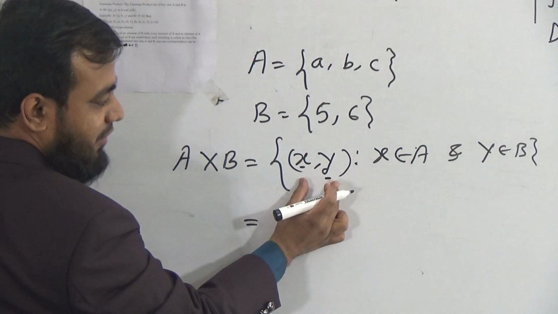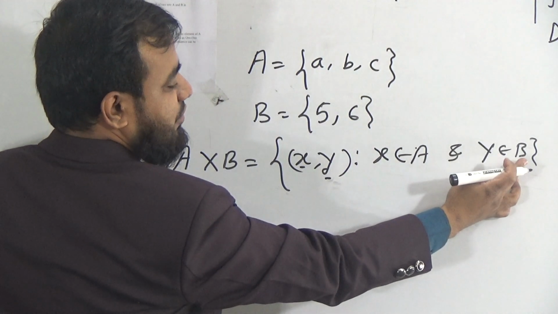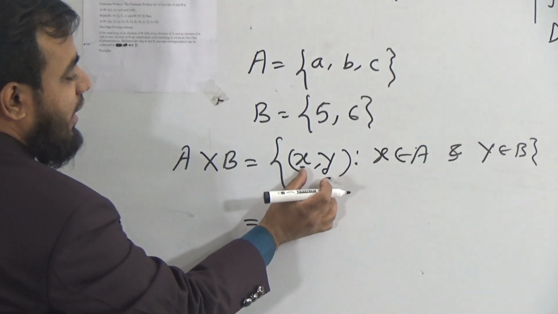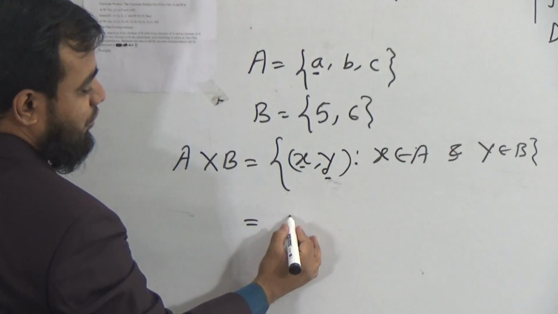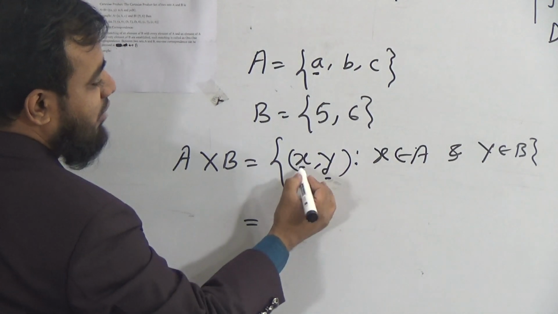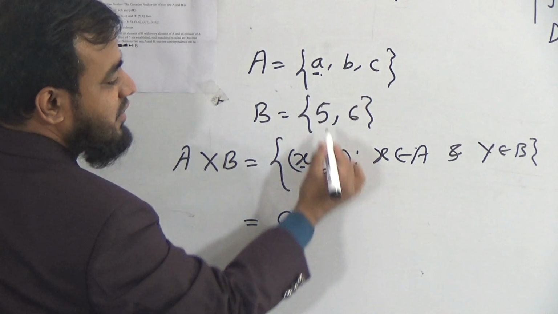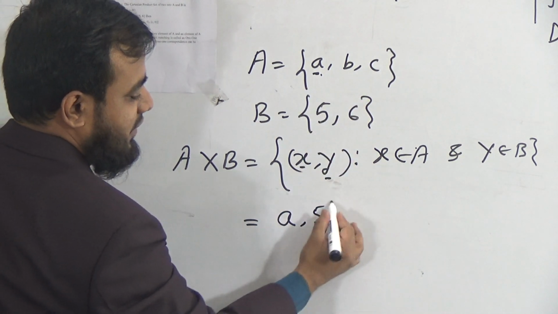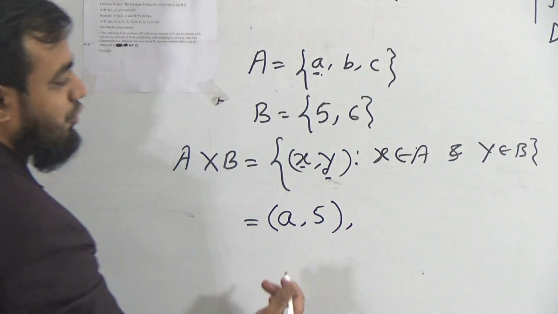This will be our pair, and X must be in A and Y must be in B. So the first element will be X, that means A, and the second element will be Y, that means 5. This is a pair, and like this we have to write down all the pairs.